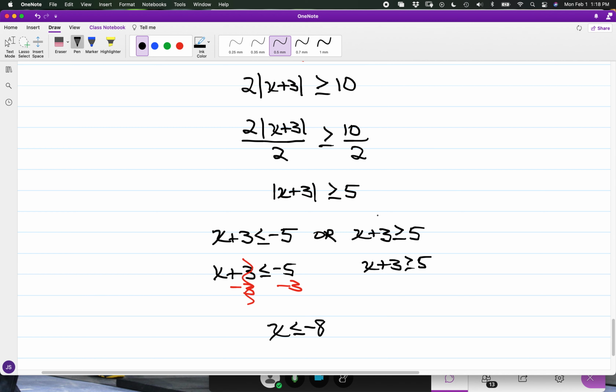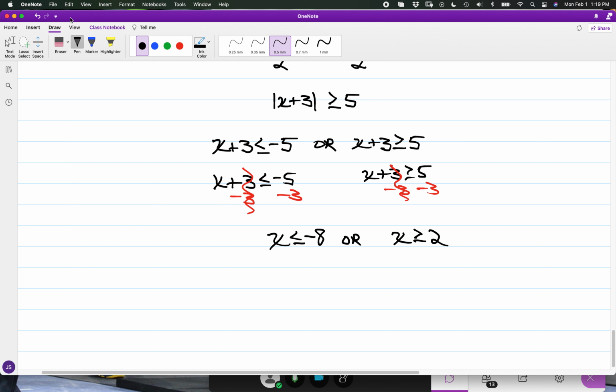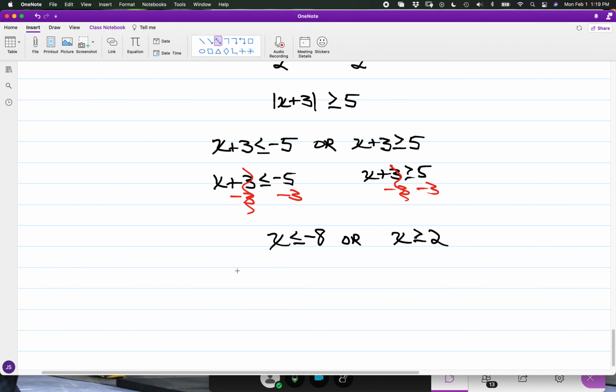And as for x plus 3 is greater than or equal to 5, if I take 3 away from both sides again, we're going to have, along with the possibility that x is less than or equal to negative 8, or that x is greater than or equal to 2. And so just looking at it visually.